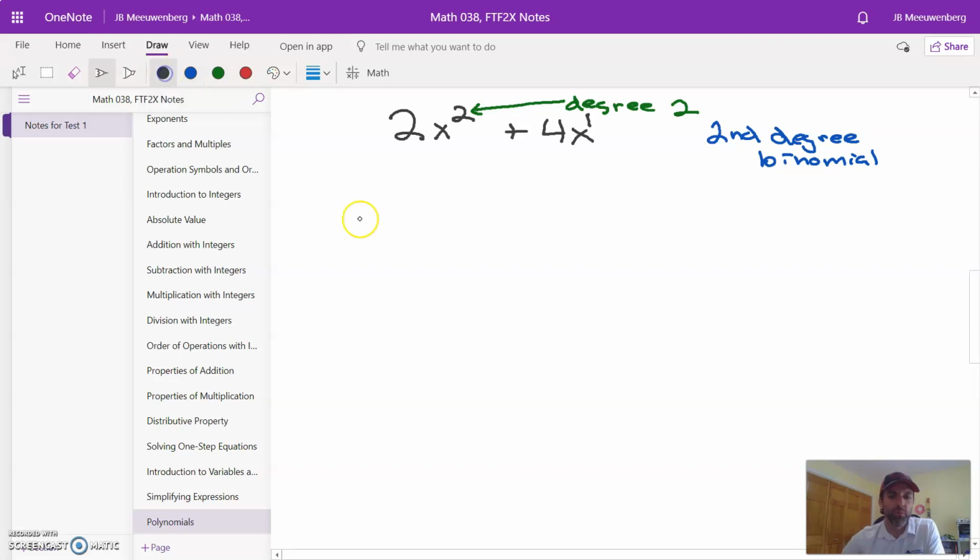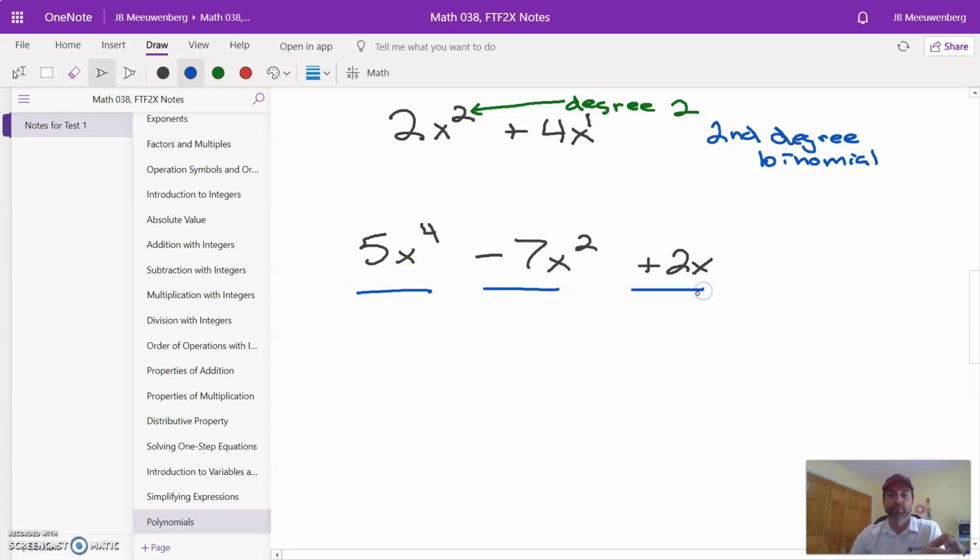Let's go one more. 5x to the fourth minus 7x squared plus 2x. Okay? So we have three separate terms. 1, 2, 3. We have exponents of 4, 2, and 1. The highest of those is 4.